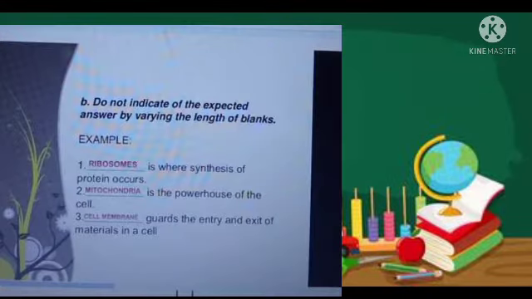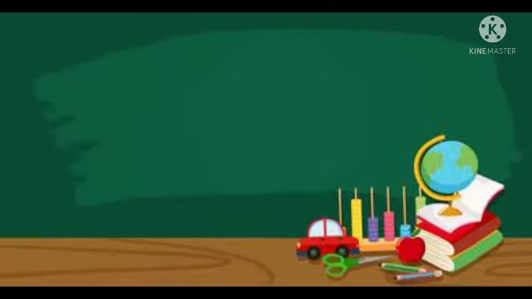Letter B. Do not indicate the expected answer by varying the length of blanks. Example, "Ribosomes is where synthesis of protein occurs." Number 2, "Mitochondria is the powerhouse of the cell." Example 3, "Cell membrane guards the entry and exit of the materials in a cell."